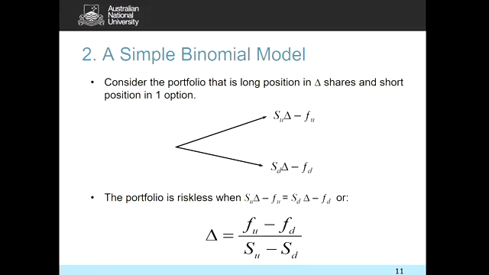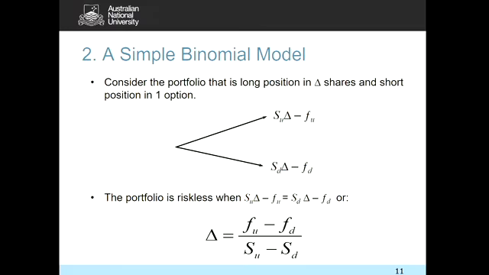So exactly the same as before, we've just replaced it with letters. If I go down the tree, the spot price if I go down, which was $18, multiplied by delta, the number of shares I own, that's what we're trying to solve for, minus FD, my option payoff if I go down, which is 0. The portfolio is riskless when the top is equal to the bottom.